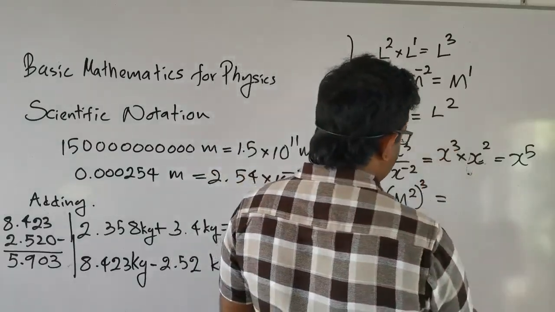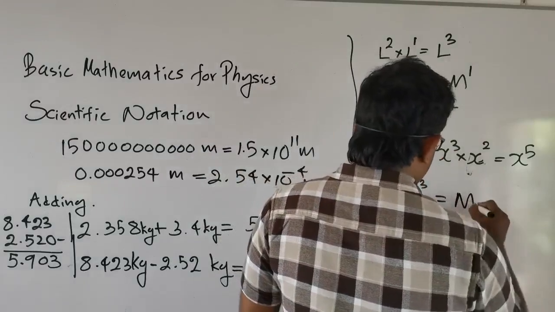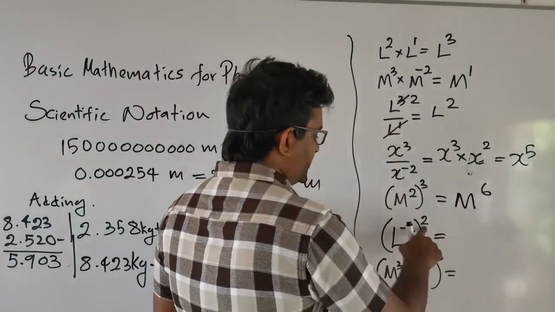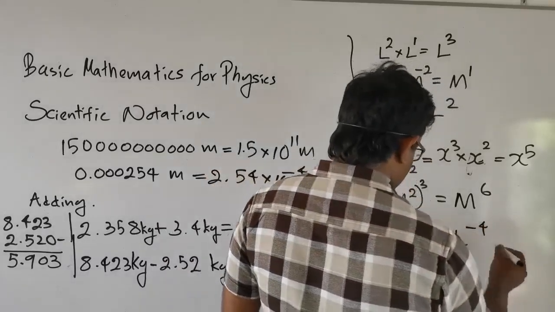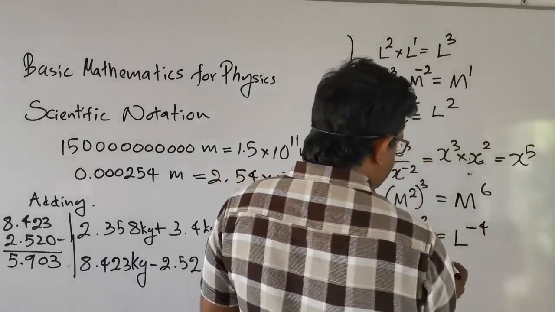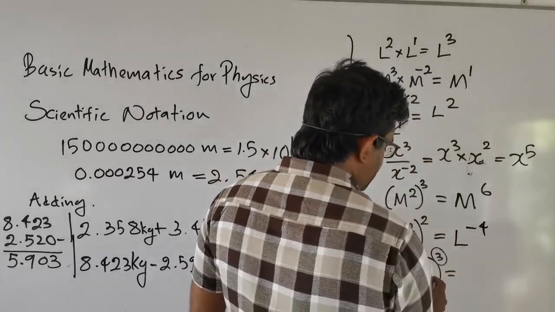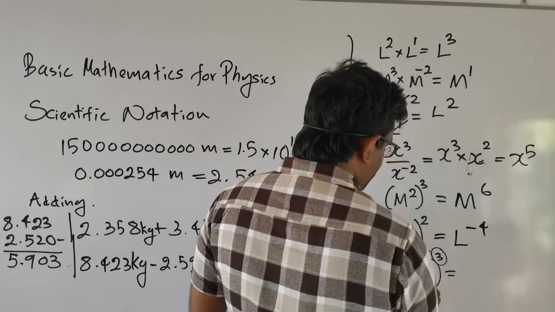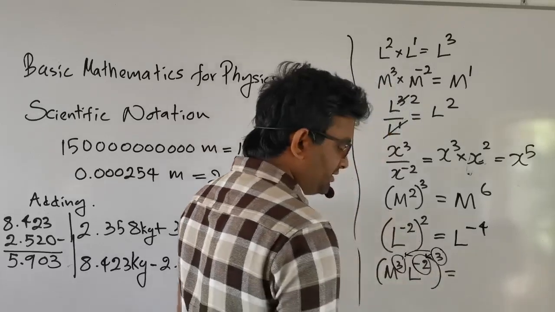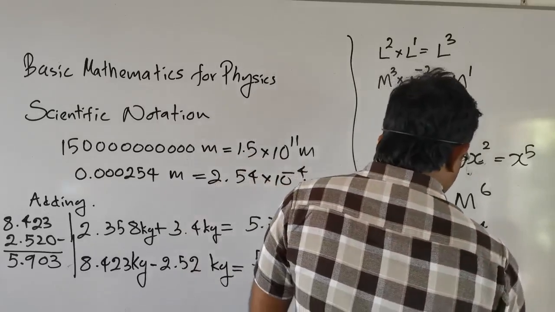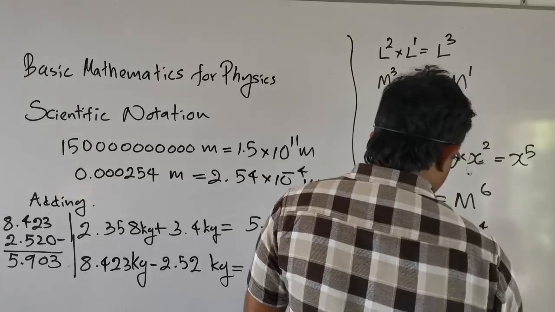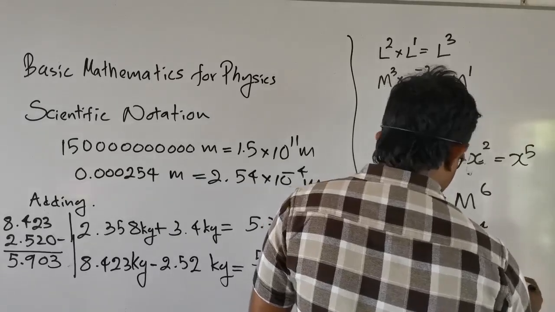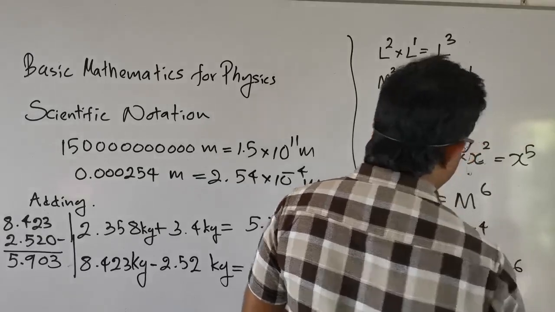Then 2 into 3, that means m to the power 6. And here 2 into minus 2, therefore n to the power minus 4. In this case, we have two powers inside, so both of them should be multiplied with this. Then m to the power 3 into 3, that is 9, and minus 2 into 3, that is minus 6. Likewise.